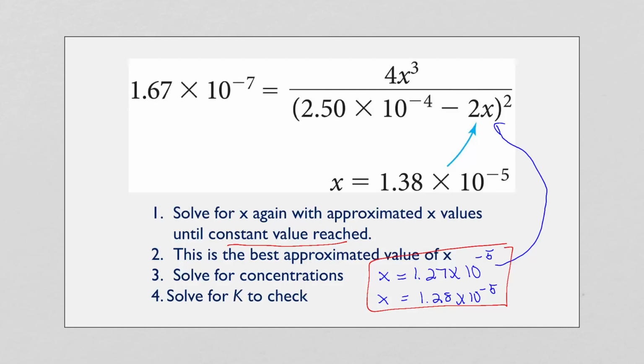Now, in terms of solving for equilibrium concentrations, we looked at an example where we knew K and we knew the initial concentrations plus some information about the equilibrium, and we could solve that way by just plugging in.